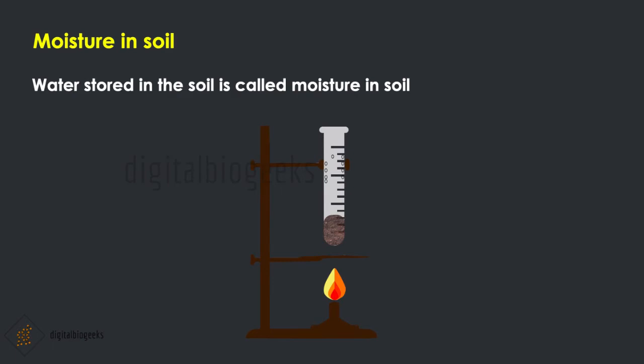The reason is that when we heat the soil, the moisture content in it evaporates. This moisture moves up. As the inner surface of the tube is cooler than this water vapor, it will condense on the sides. From this experiment, we can conclude that soil has moisture in it.